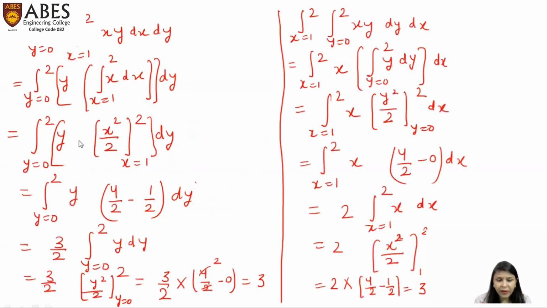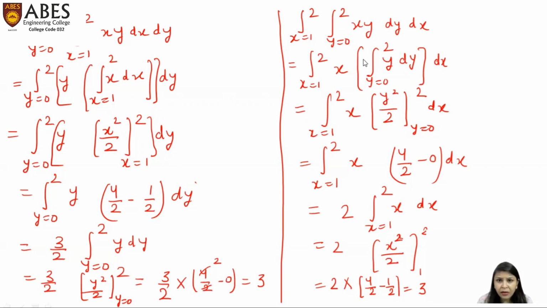This I have calculated in this question. We first solve the integration with respect to x, and then we calculate this integration with respect to y. By doing this procedure, we get the answer 1 here.